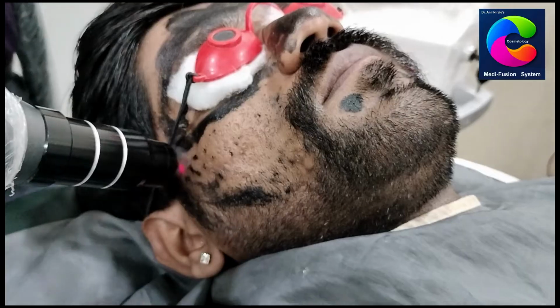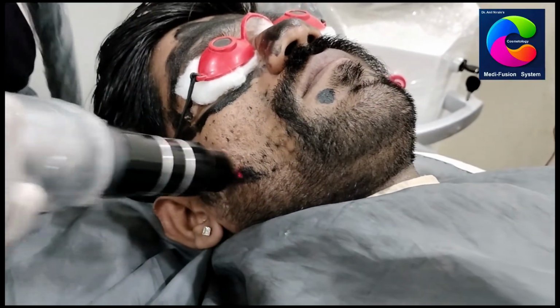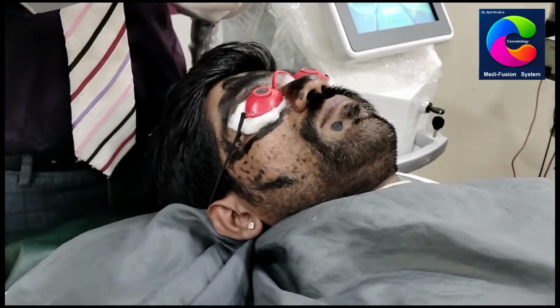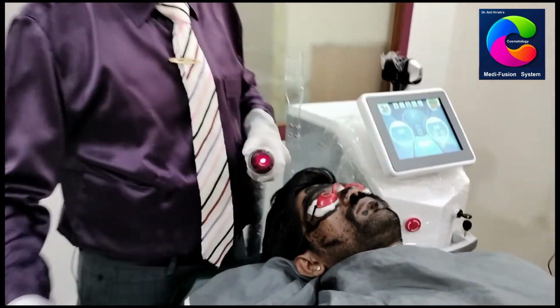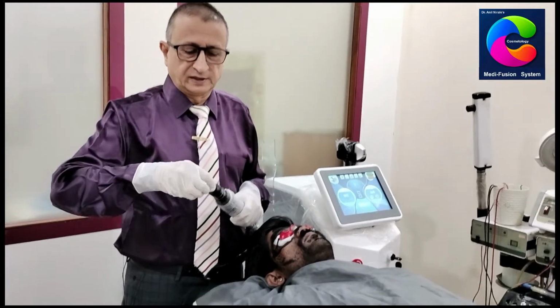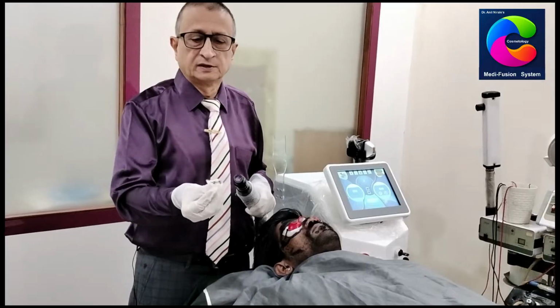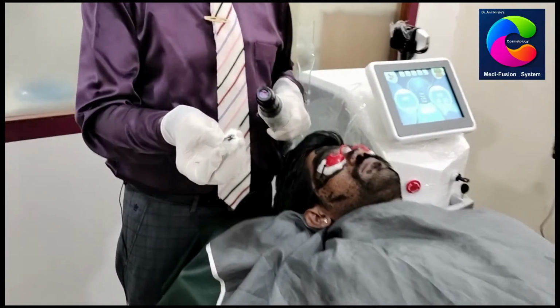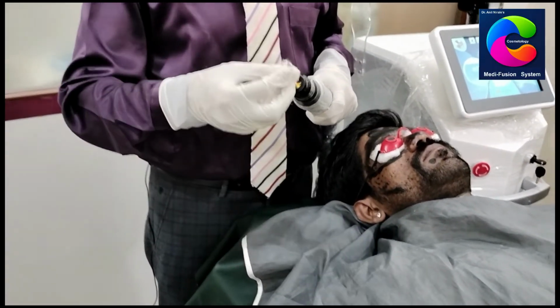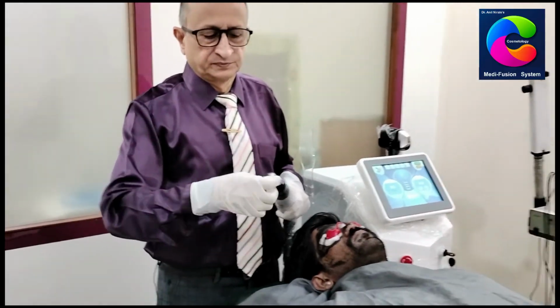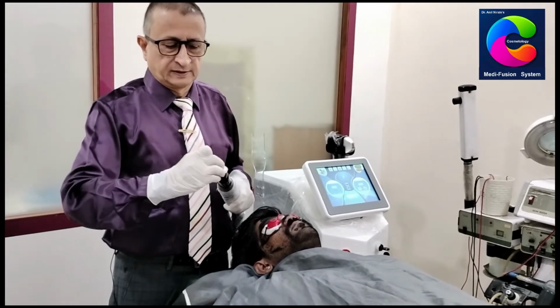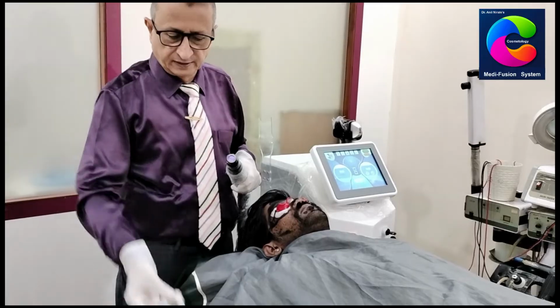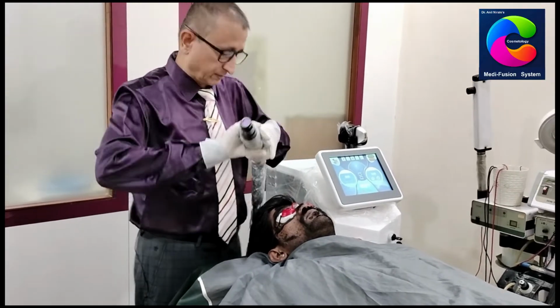It should be comfortable for the patient. Now we have to take one precaution: every few minutes you have to clean your laser head. See, these are the carbon particles which come on the laser head. So every 1 minute you clean your laser head, the lens of the 755.